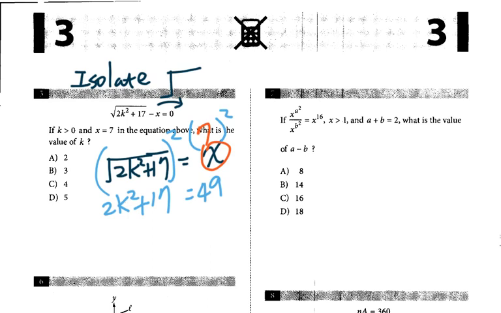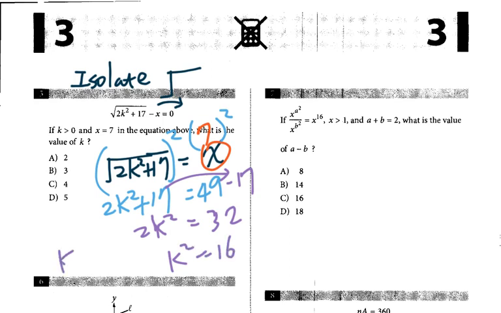And minus 17 on both sides, I will get 2k squared equals 32. So k squared equals 16. And k will be plus or minus 4, basically.